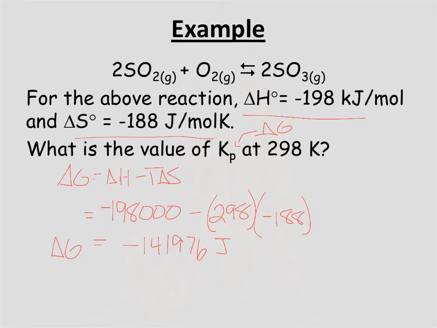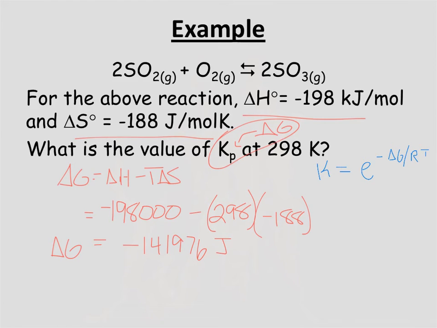Okay, so now we can use our equation that relates K and delta G. We need to solve for our K. So K is equal to E raised to the negative delta G divided by RT.